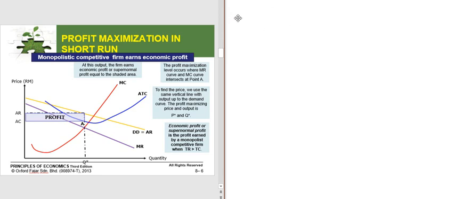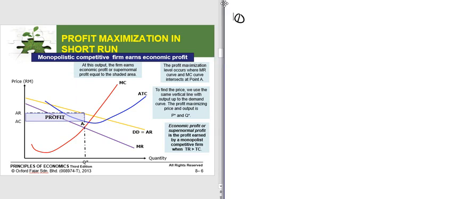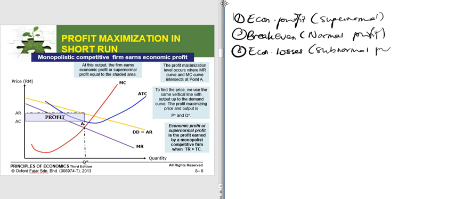And in monopolistic competition, you will also earn one of three profits: economic profit or supernormal profit, or you can also earn break even, or the other name for it is normal profit. And you can also earn what we call economic losses. You are making losses, which we call subnormal profit.